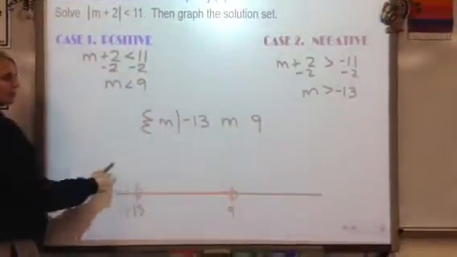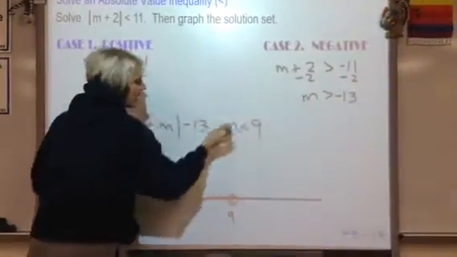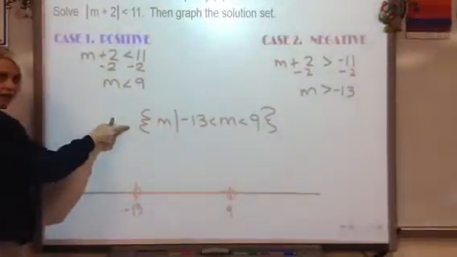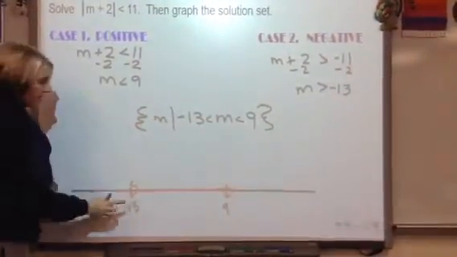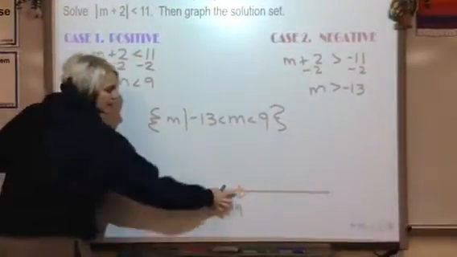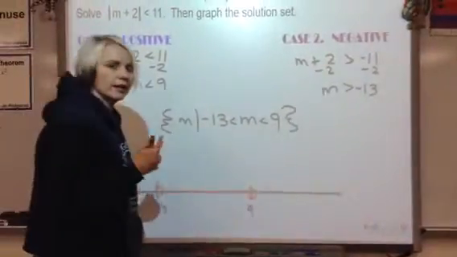Then I just have to put in the symbols to match. This is less than, and here the alligator is eating the m, so it's less than. This is the best way to write an intersection, especially when it's a line segment graph. Do you see how this matches? This is the way we'd want to write it. I'll give you one to try in your notes.